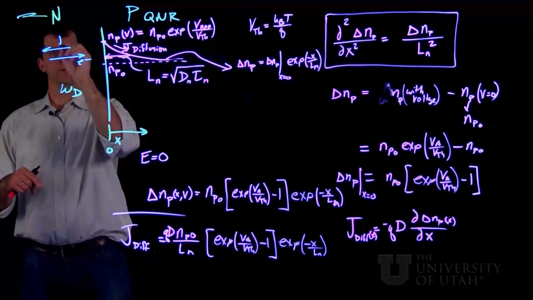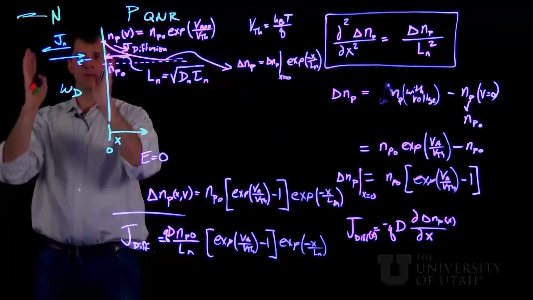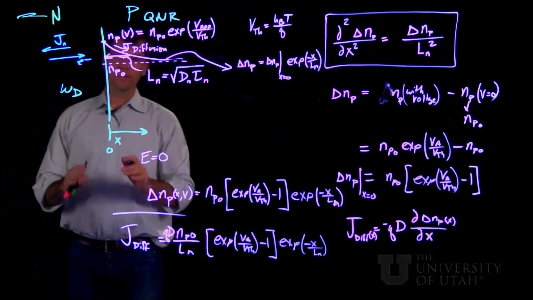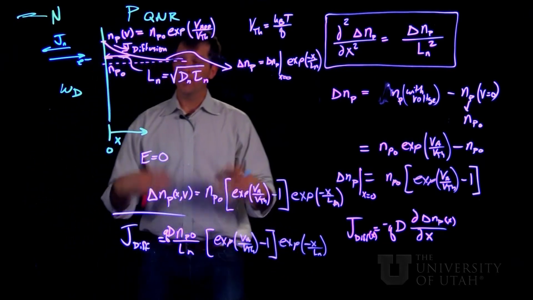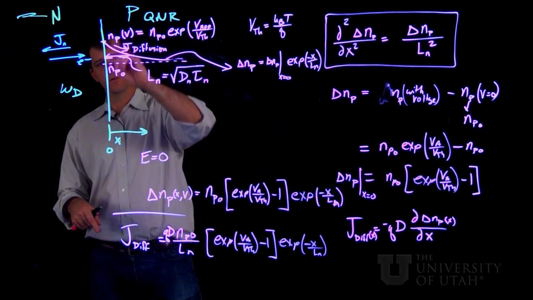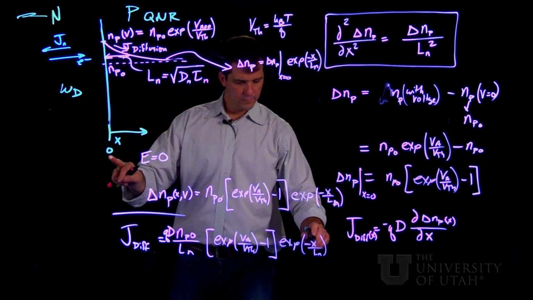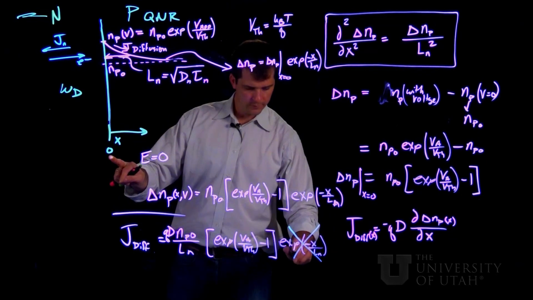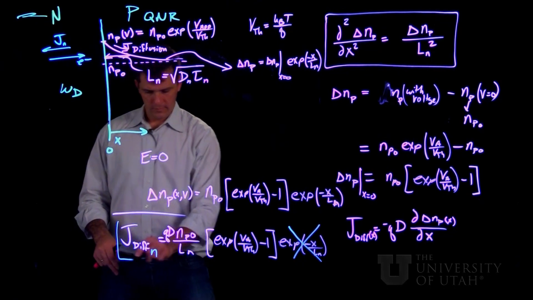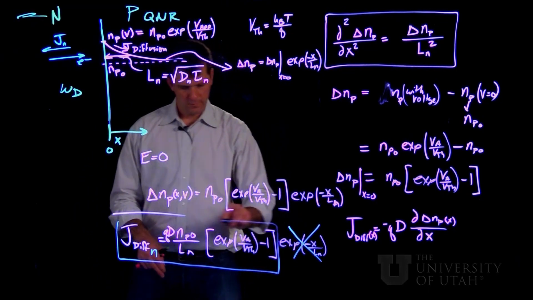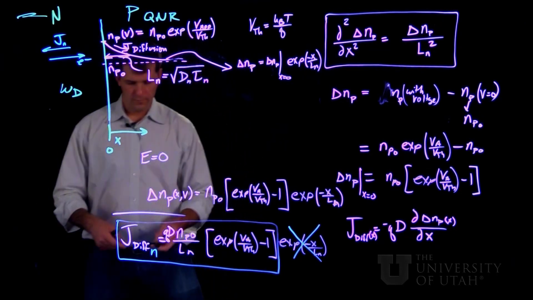So our electrons are going this way, our J is going this way. And this current for the electrons inside the depletion width is going to be given by this expression here, evaluated right at the edge of the depletion width. So we substitute x equals 0 in here, this goes to 1, and we're left with this expression for the current carried by the electrons through the depletion width.